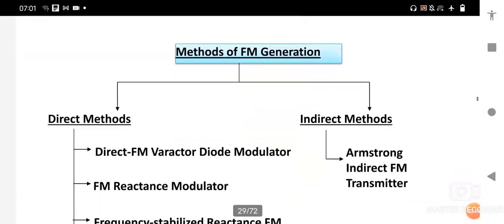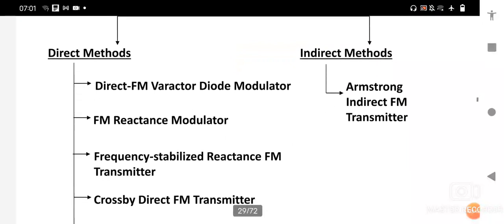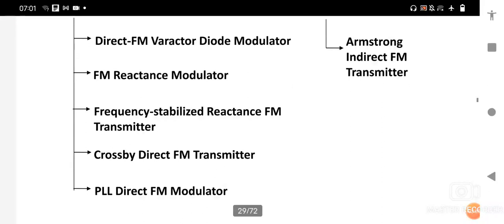What are the different methods of FM generation? Basically two methods, direct FM and indirect FM. Within that, what are the stages to generate these FM signals? In the direct method, we use the varactor diode modulator, and the second one is the reactance modulator.